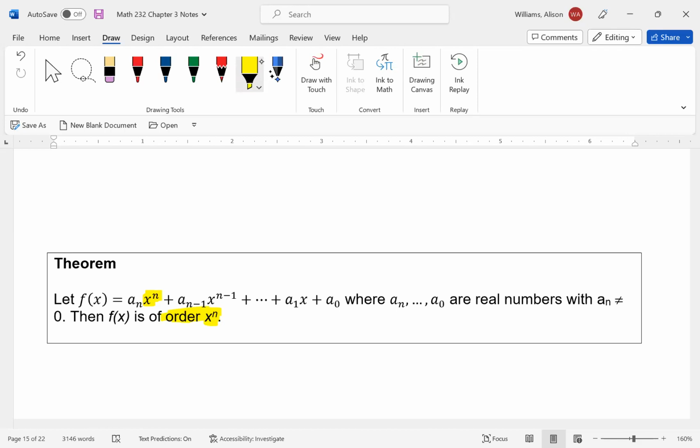In other words, we're able to say that x to the n is big O for f of x, and f of x is also big O for x to the n. We're able to trap it on both sides. So that's the case for any polynomial. We can just look at that leading term. If it's an x cubed, that's the magic number that's going to work for the theta. And there you go. That's it.